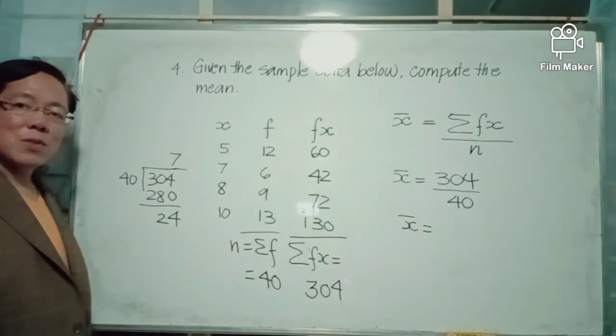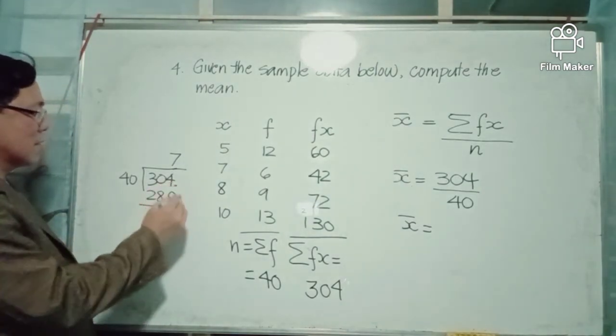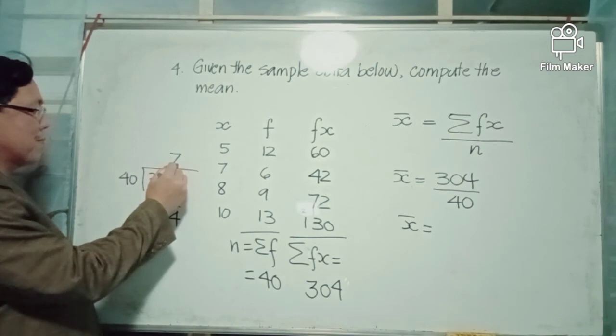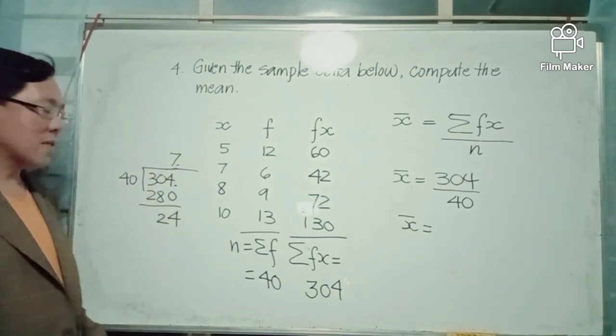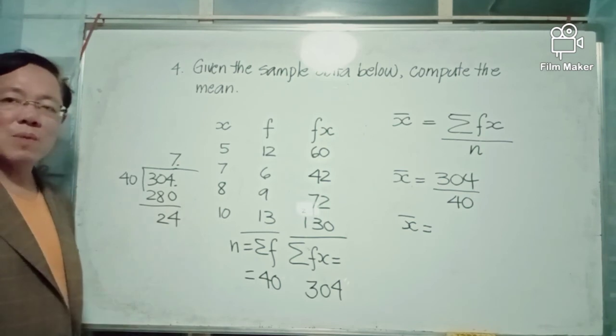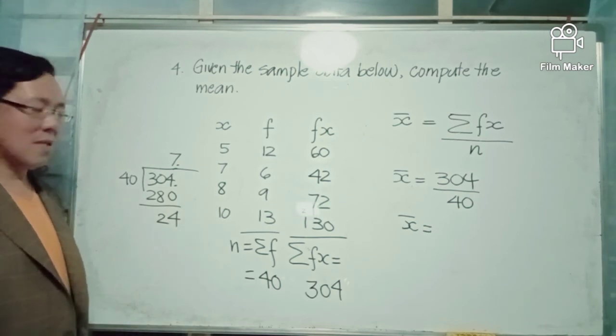And we want the answer to 2 decimal places. If you want the answer to 2 decimal places, you divide up to 3 decimal places and then you round it off to 2 decimal places.